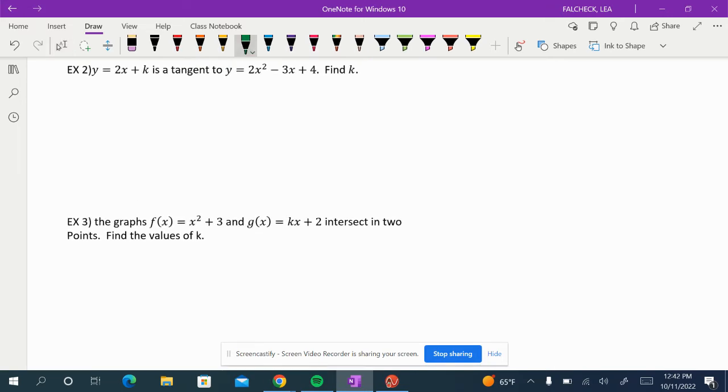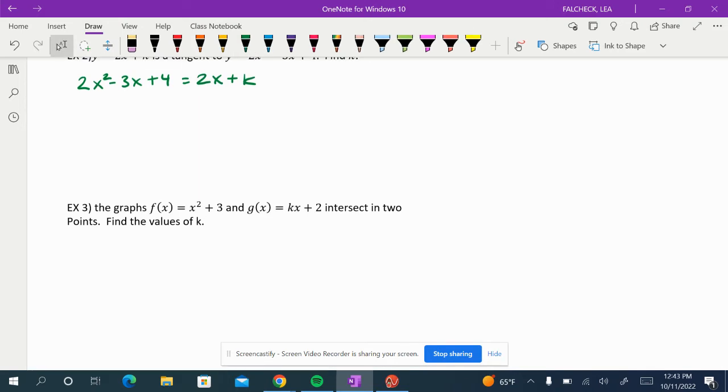All right, let's see right here. We've got y equals 2x plus k is a tangent to y equals 2x squared minus 3x plus 4. Find k. This is just like the spiral question. Think about it like this: I can set the two functions equal to one another in order to find the coordinates of intersection.